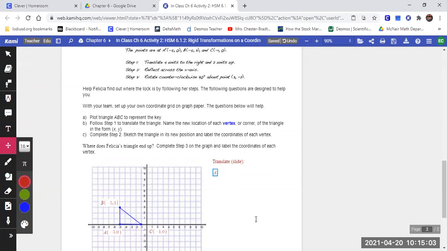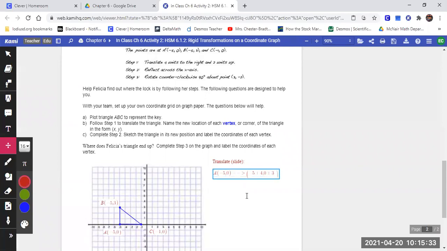So my A, which currently is at -5, 0, right? They told us to make the new one, we're supposed to go 4 to the right and up 3.